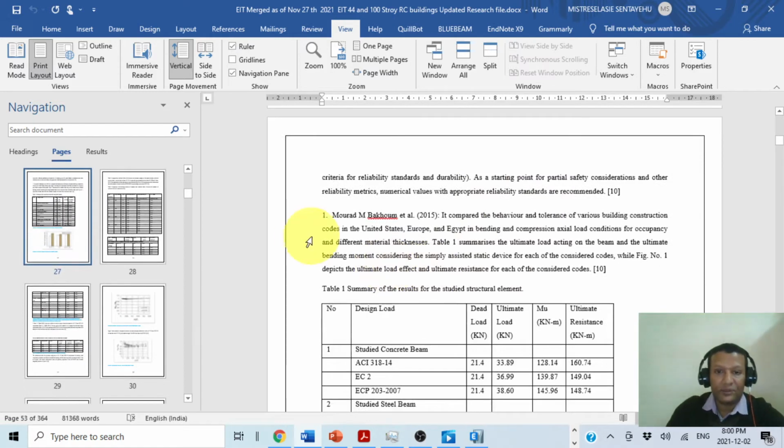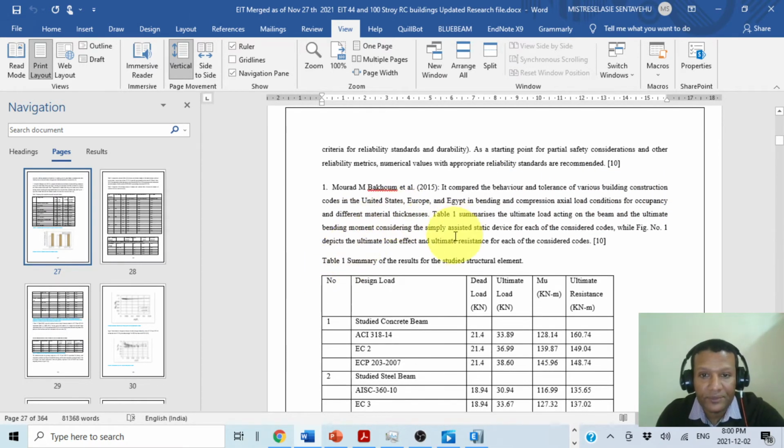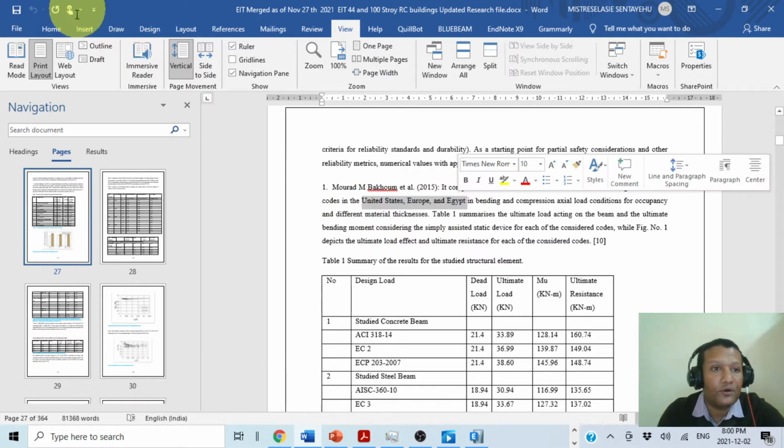Yeah, this one, for example, Murad M. Bakum et al. 2015, compared the behavior and tolerance of various building construction codes in the USA, European and Egyptian. So these three were compared.